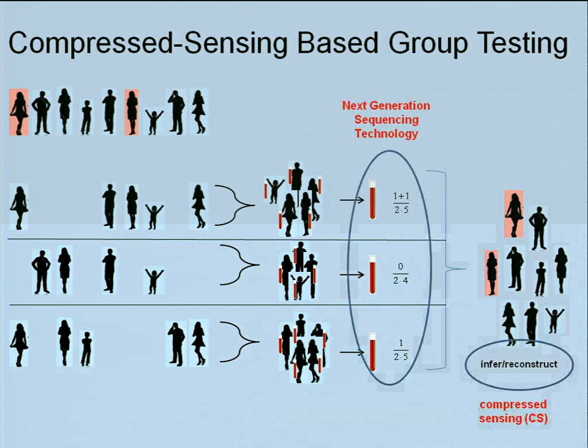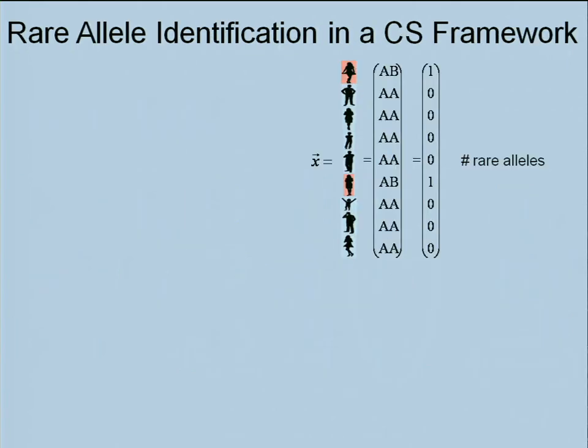And then again, we're trying to read from this frequency the identity of the carriers. I'll tell you how this is done. The first step is the measurement by next generation sequencing, and the reconstruction is done by a technique from statistics. All right, so now we'll formulate the problem as a compressed sensing problem.